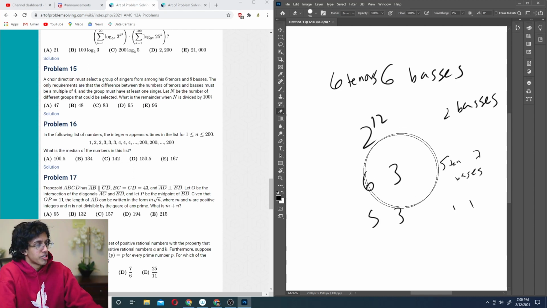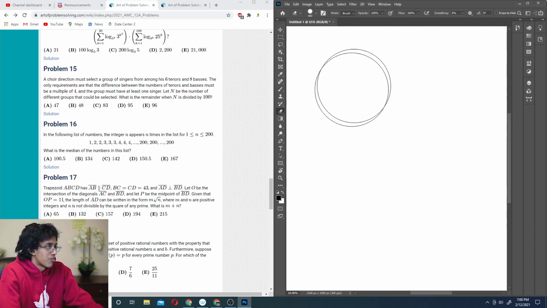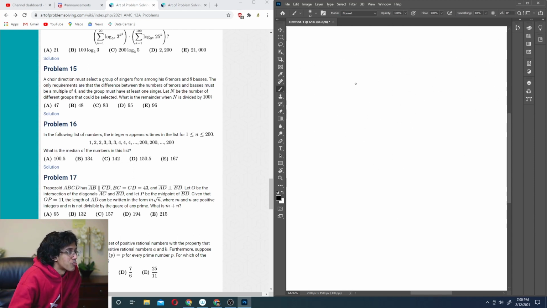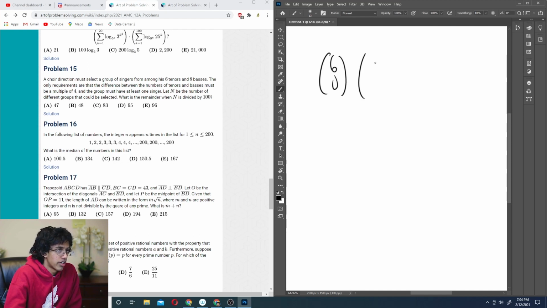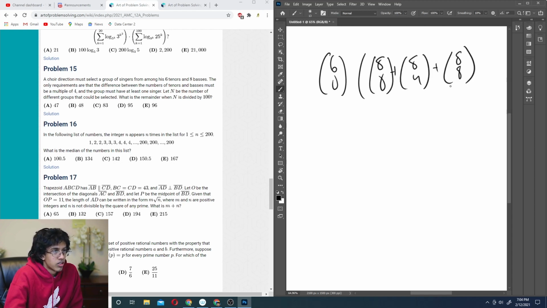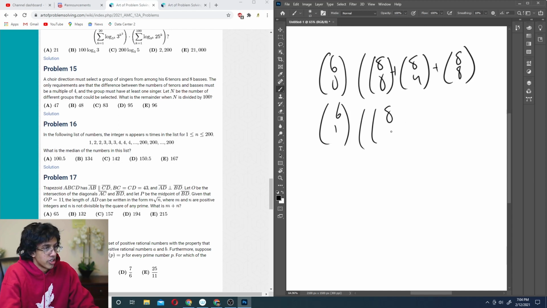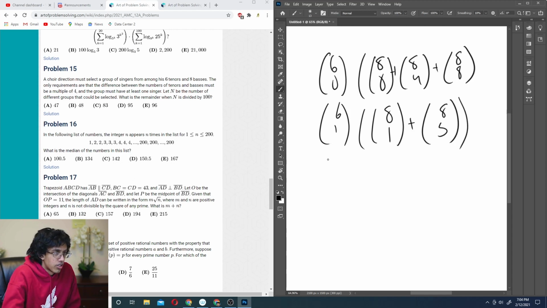Yeah, okay, well why don't we just do the casework solution out, because I don't know a much smarter way to do it. Wait, there gotta be a smarter way, right? Okay, so why don't we just see if there's a pattern we can find, so we gotta do 6 choose 0 times 8 choose 0 plus 8 choose 4 plus 8 choose 8, and then 6 choose 1 times 8 choose 3, or sorry, 8 choose 5, 8 choose 1 plus 8 choose 5, and then 6 choose 2.